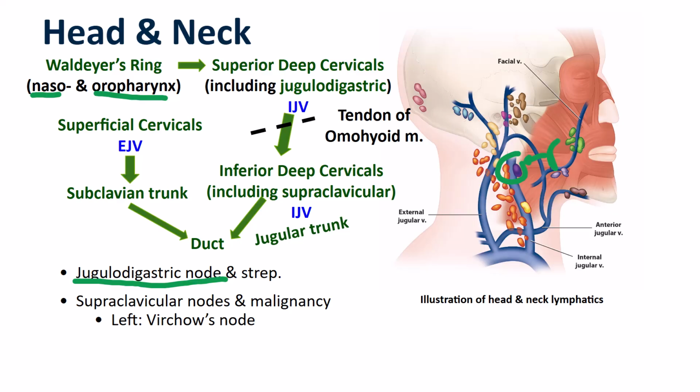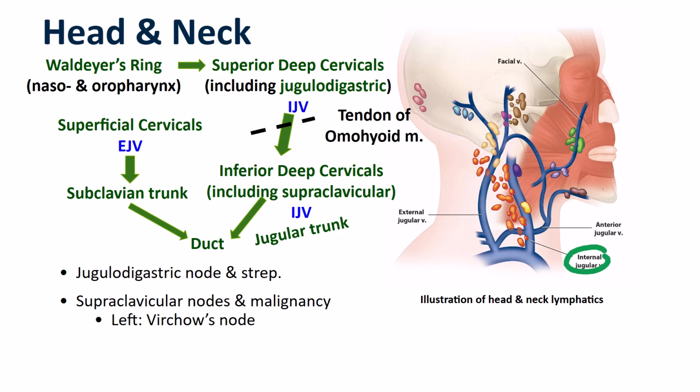So I want to draw your attention to, there are two vessels here. There's this internal jugular vein and an external jugular vein. It's not very obvious here, but the internal jugular vein is deep, the external jugular vein is superficial. And so those deep cervical nodes are in association with the IJV.